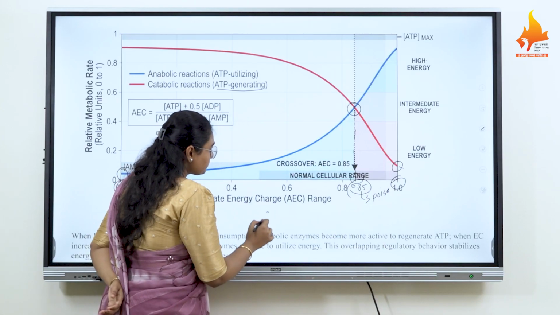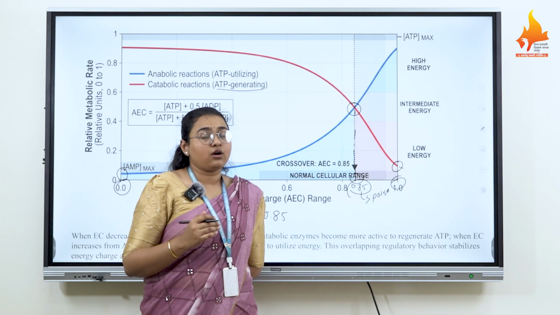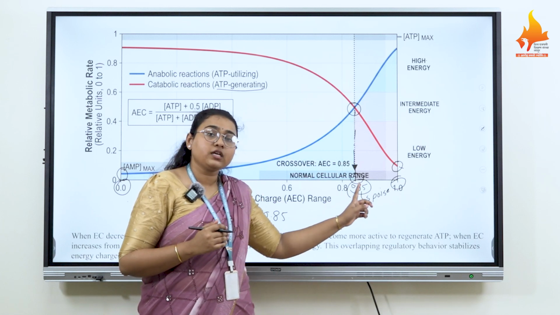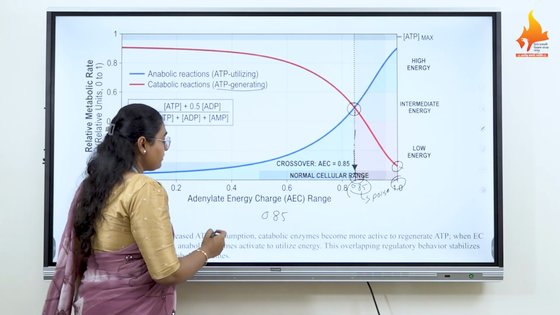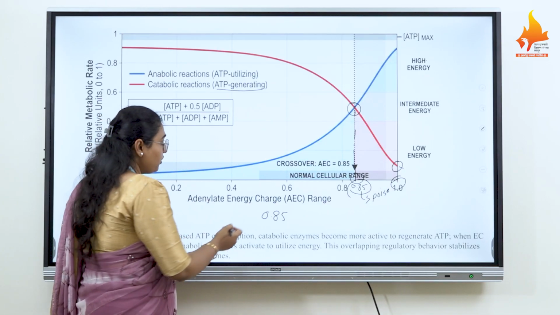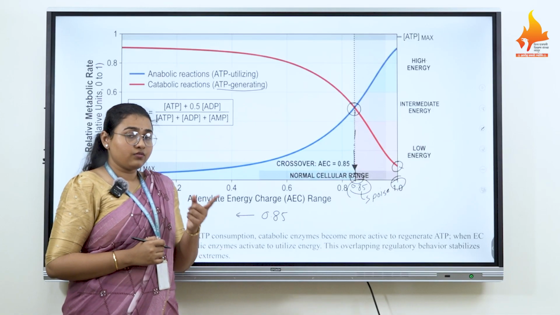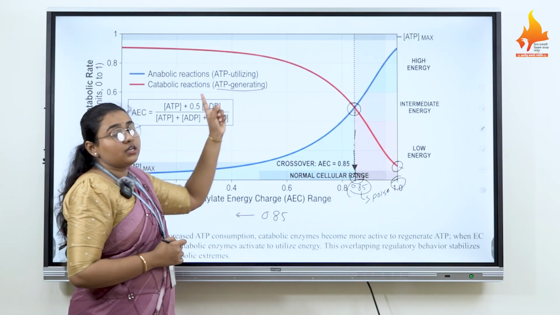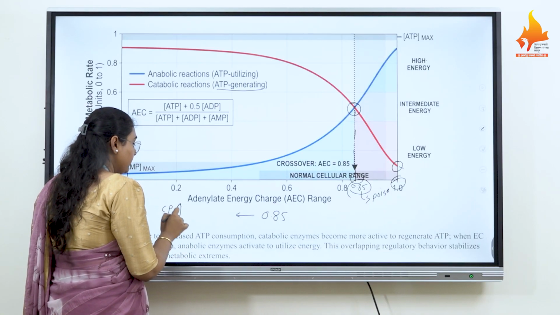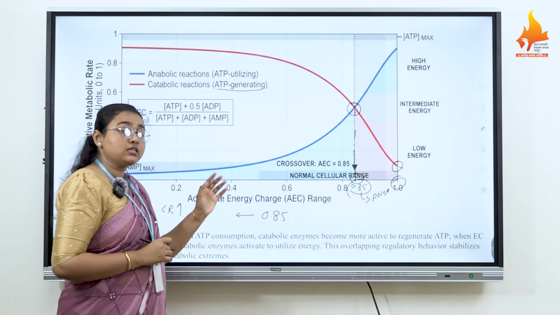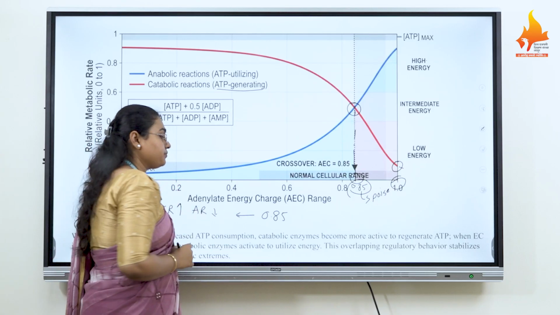So consider 0.85 is the equilibrium. A healthy cell has an EC value between 0.8 to 0.9. So if your cell has an energy charge value below 0.85, then two things will happen. First of all, the catabolic reaction rate will be increased and the rate of anabolic reaction will be decreased.